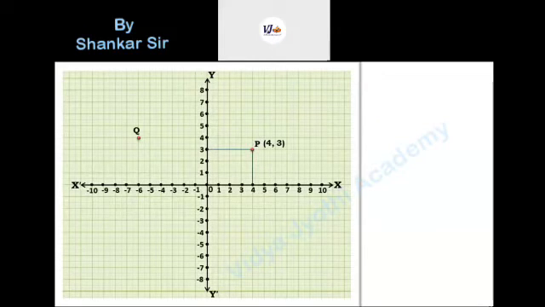If you consider point Q, can anybody tell me the coordinates of Q? Minus 6, comma 4. Right. Then R? Minus 5, comma minus 5.